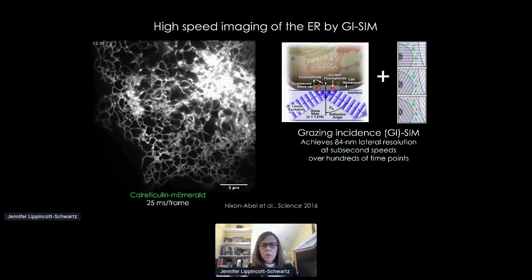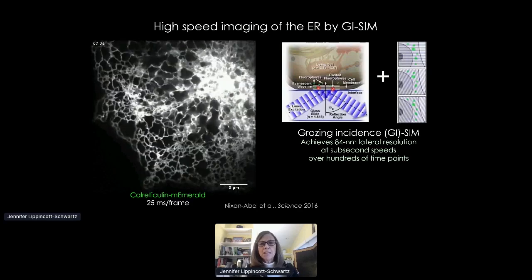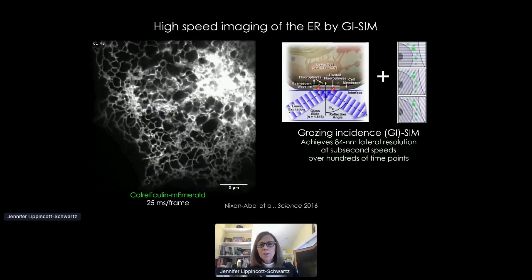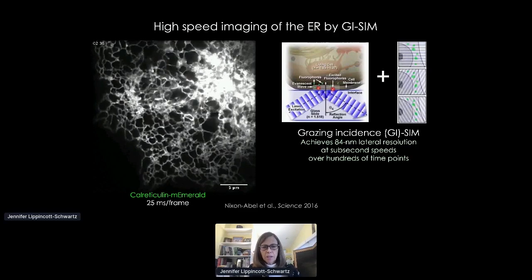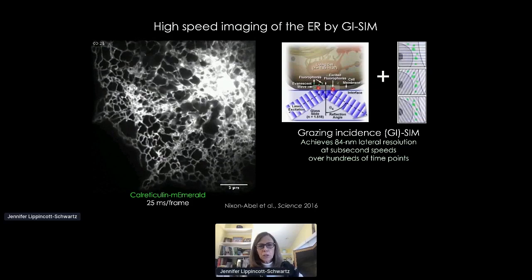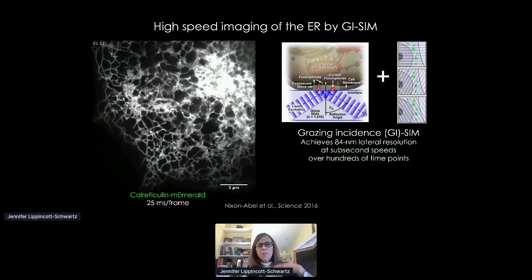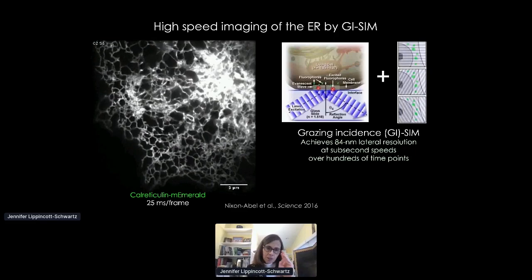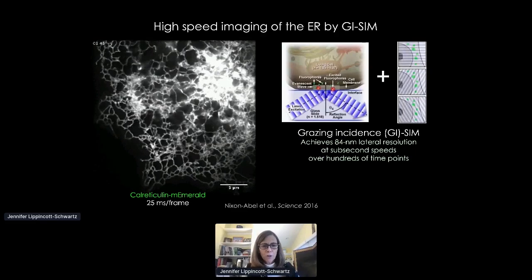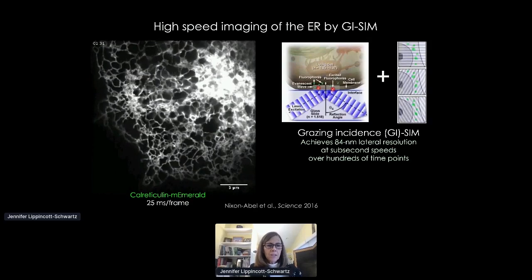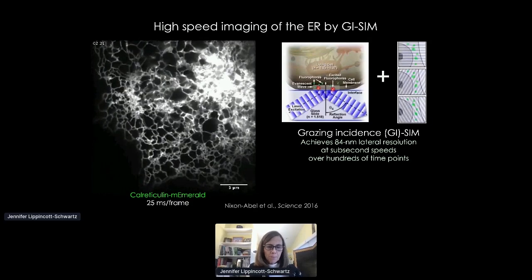For that, we were very fortunate to team up with Eric Betzig's group, who had developed the GI-SIM system, where using grazing incidence so that you're only looking at a single plane, you can image very, very fast and combine that with structured illumination microscopy to look at the ER in a very highly dynamic modality.